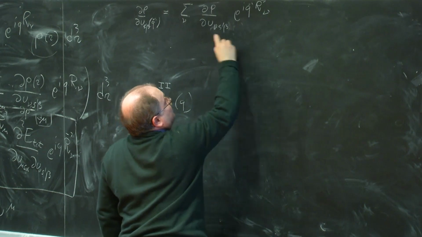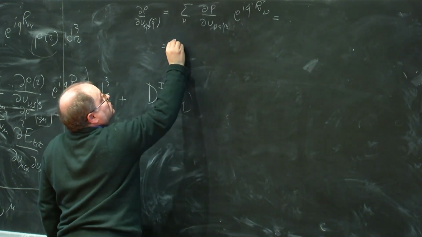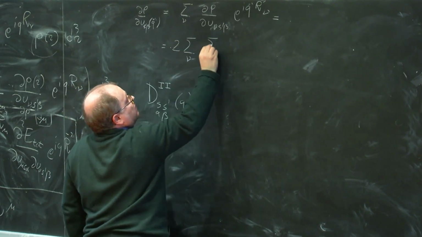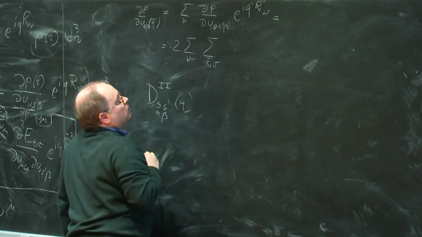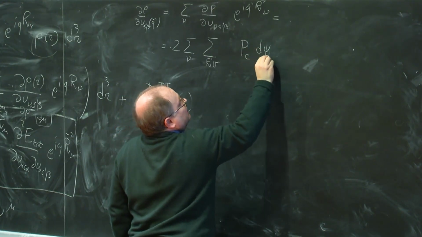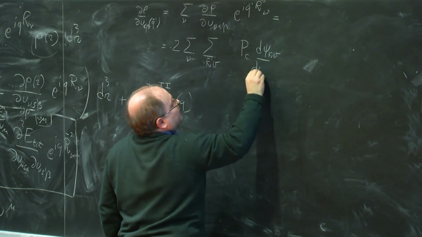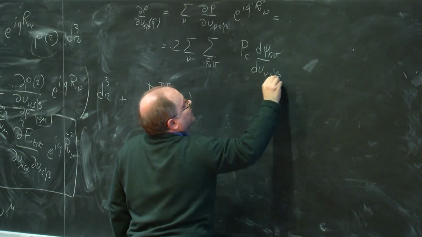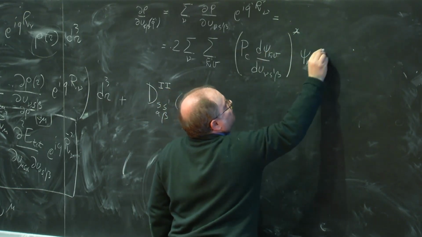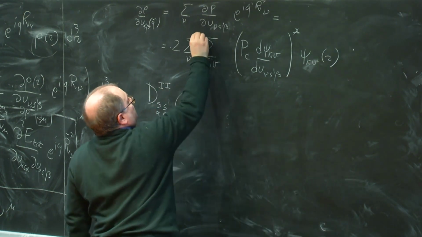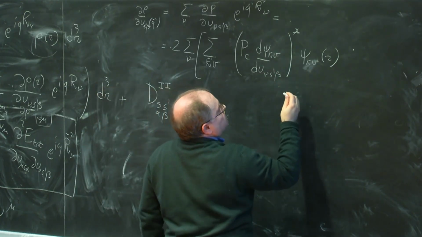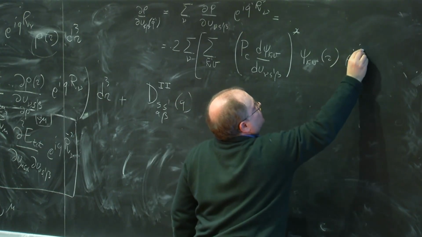And then we had written that this term was twice, so this is the sum over nu of the sum over k and v, the Bloch state, P_C, d psi kv over d u nu s prime beta star, psi kv, let's say here we have e to the i q r.